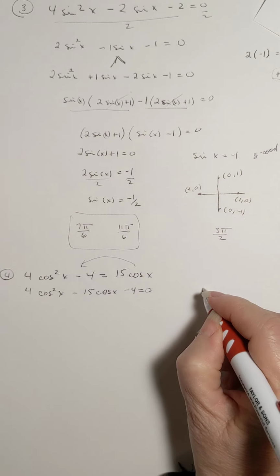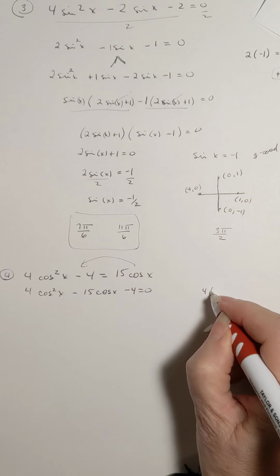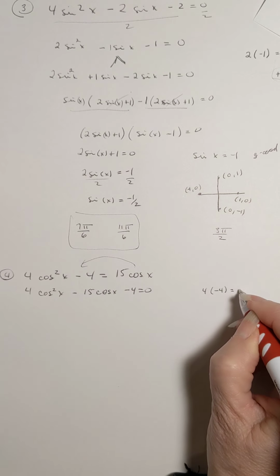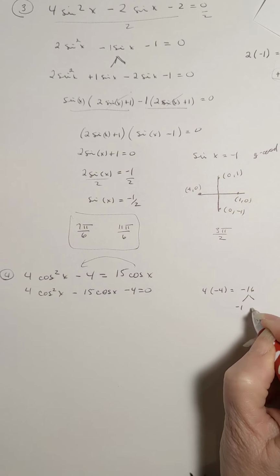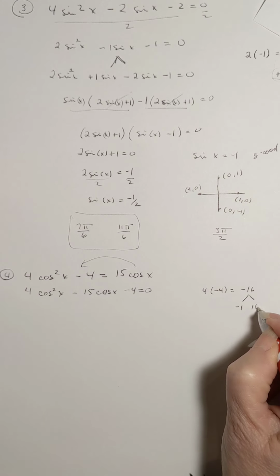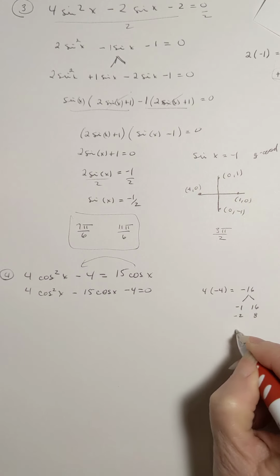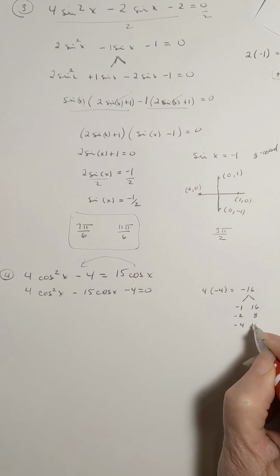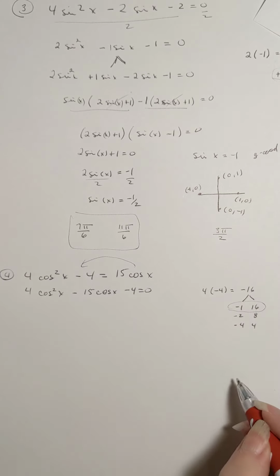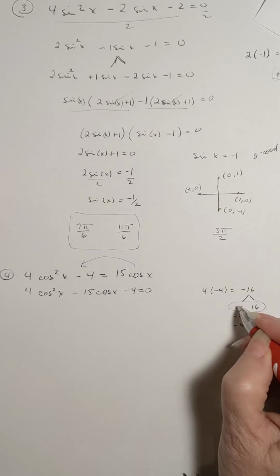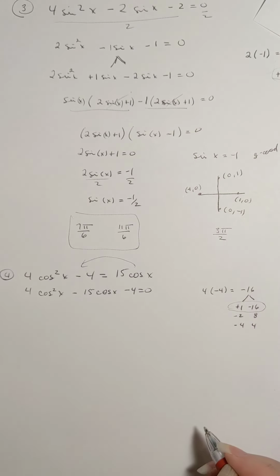And so I'm going to take the first term and the last term, 4 times negative 4 equals negative 16. And so that would be negative 1 and 16, negative 2 and 8, negative 4 and 4. I'm trying to get 15. Well, that gives me 15 here, but it's the right number, wrong sign.